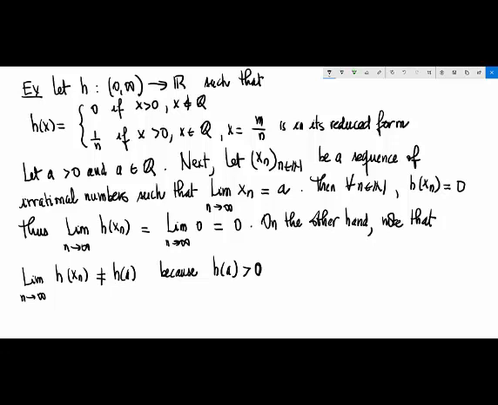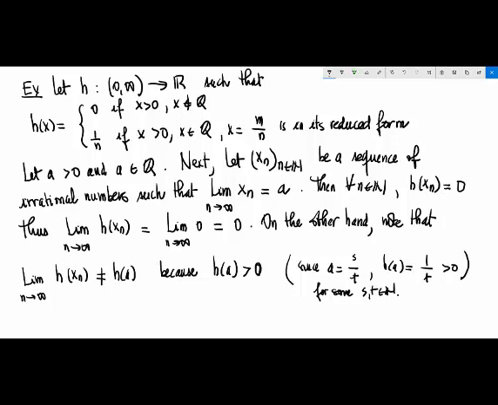Whatever a is, we should be able to write a as a rational number of the type s over t, where s and t have no common factors, and h of a by definition will be 1 over t, which must be positive.